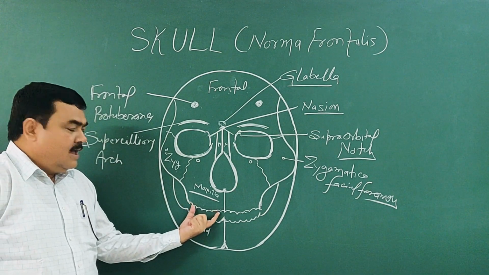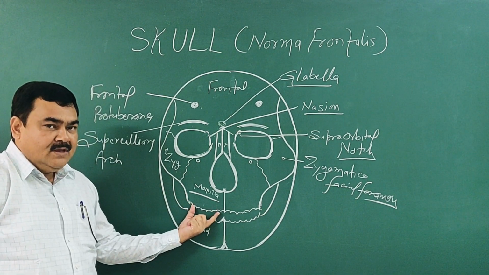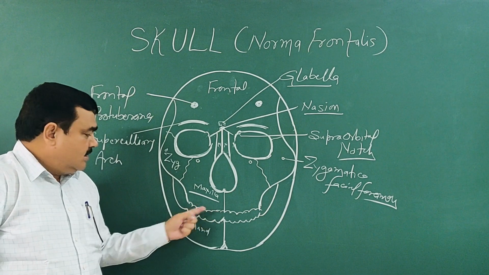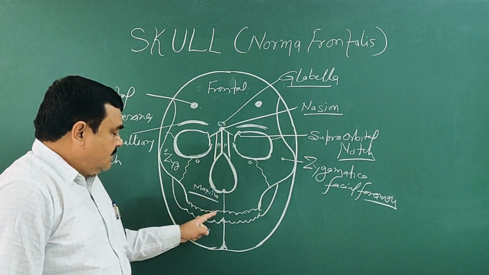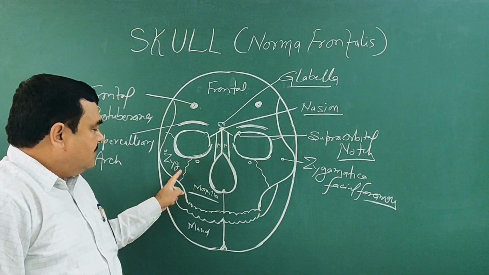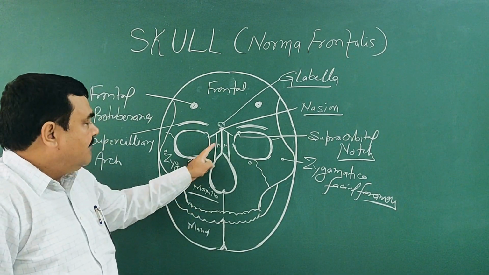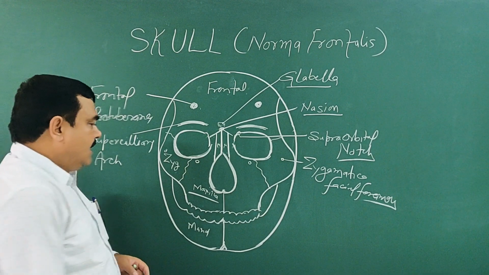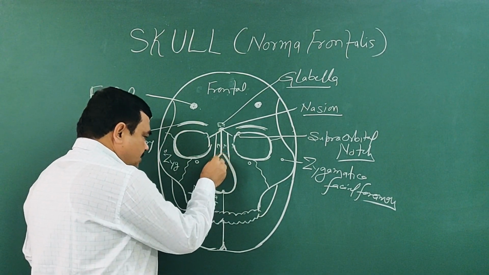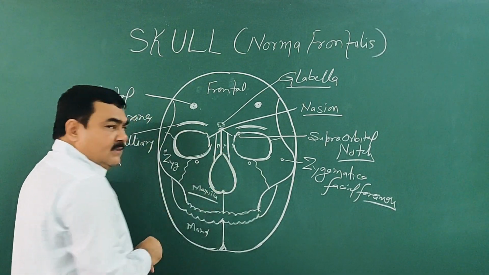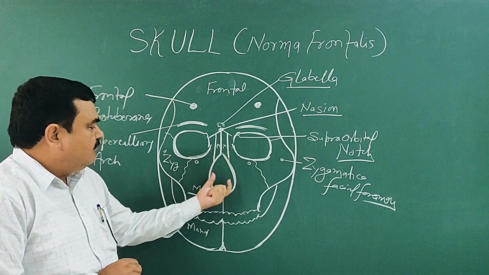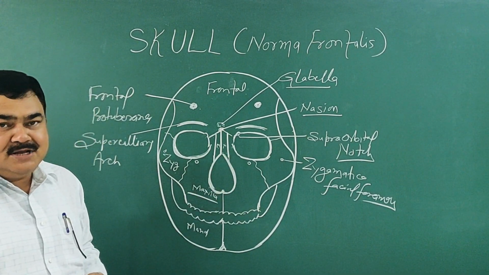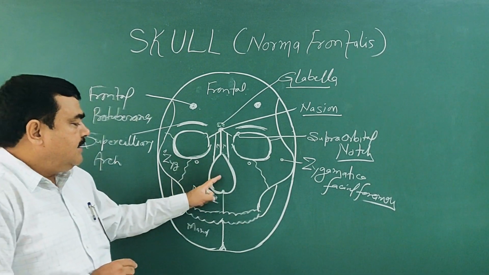And here is the alveolar process of the maxilla, which bears the roots of teeth. On the medial side a notch is formed, and both sides join to form the anterior nasal aperture.